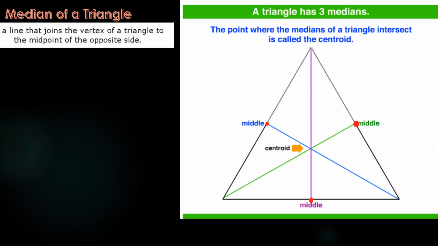So I draw a line starting from the vertex, ending at the midpoint of the opposite side. Then I draw another one from the vertex, ending at the midpoint. And then another one, starting from the vertex, ending at the midpoint. So this is what we call the medians of a triangle.